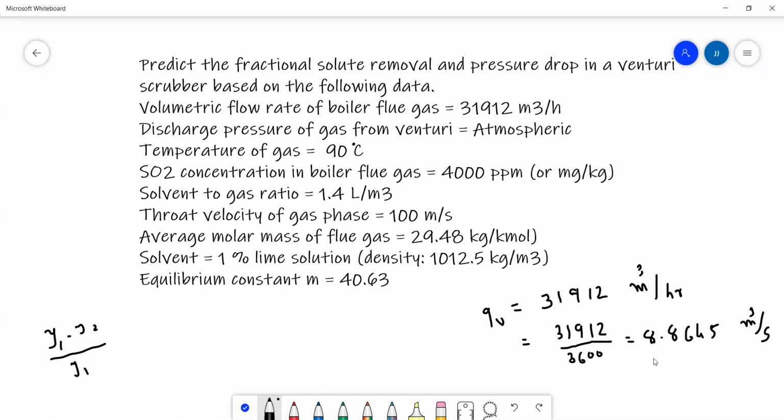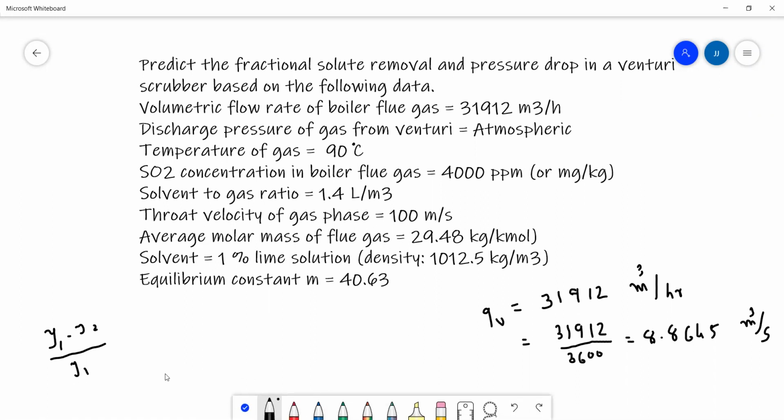All right. Now flow rate of solvent is 1.4 liter per meter cube of gases. This is the solvent flow rate. And the solvent is 1% lime solution.